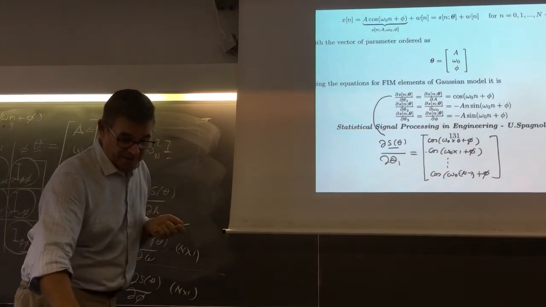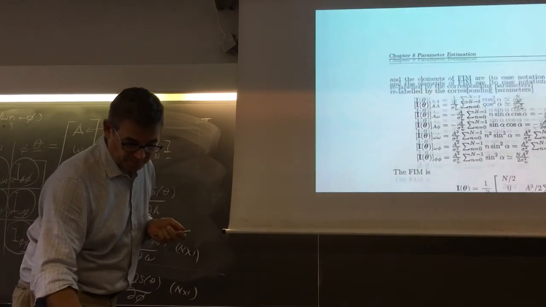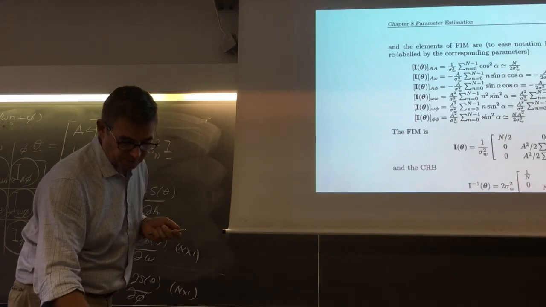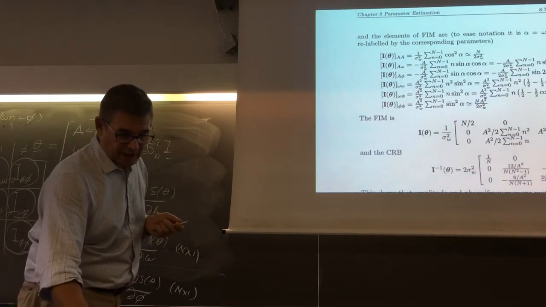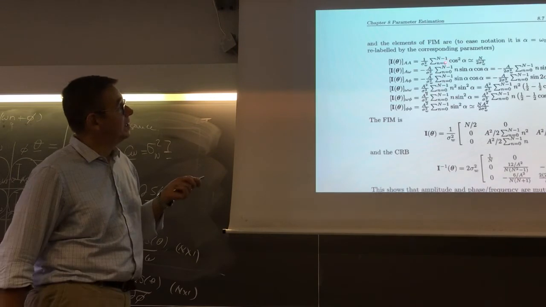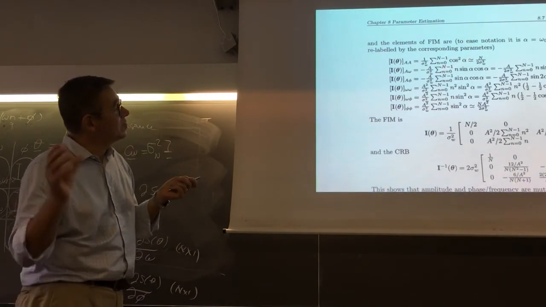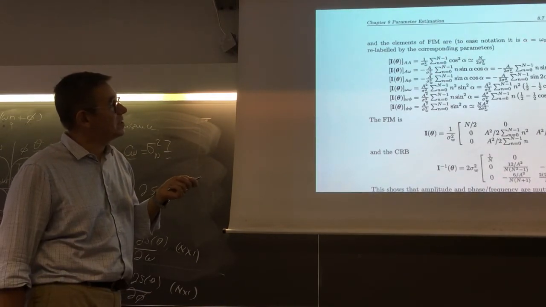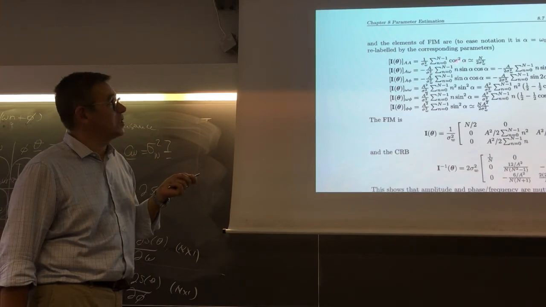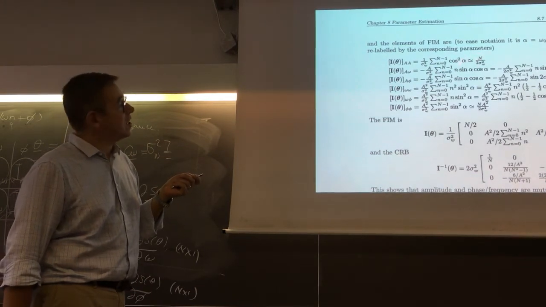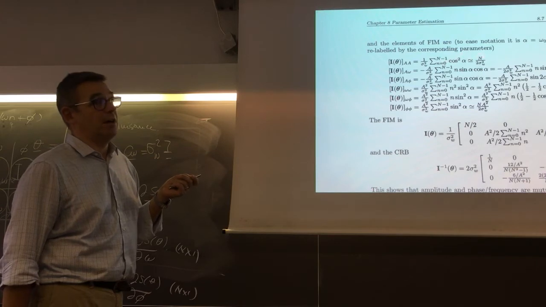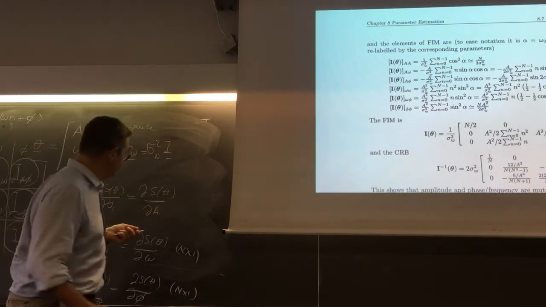Okay? Now I just renamed, because of the room space, alpha as omega 0 n plus phi. So it's a cos square. But do you know what the cos square is?